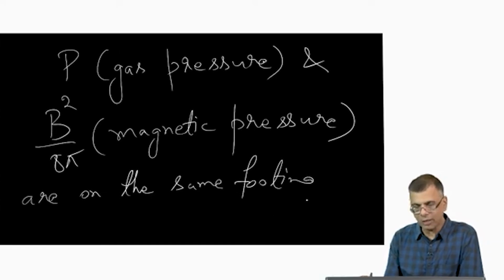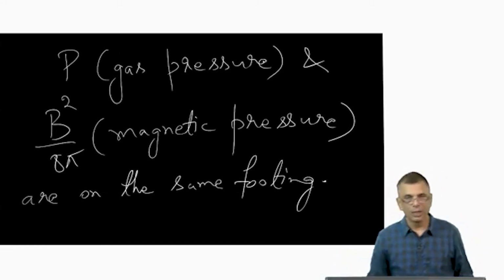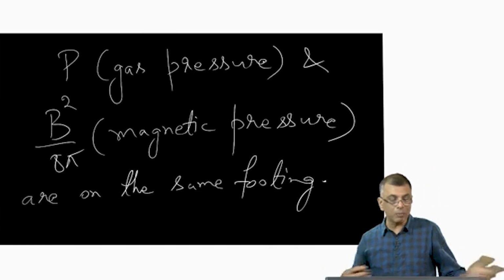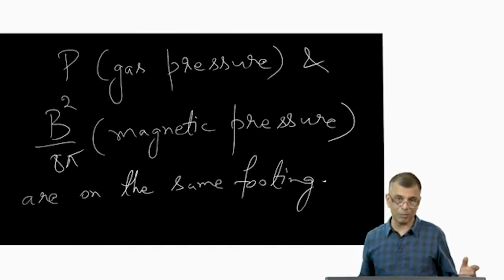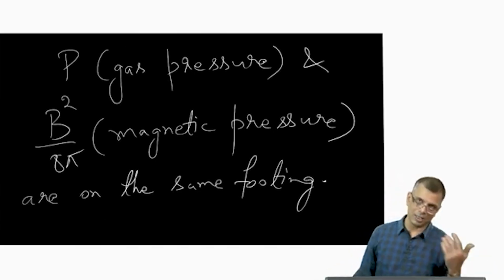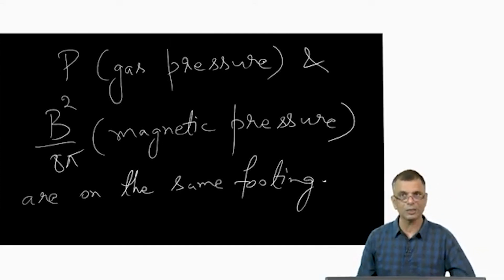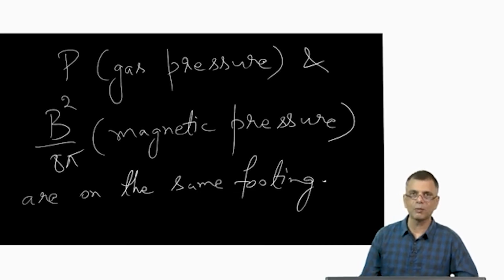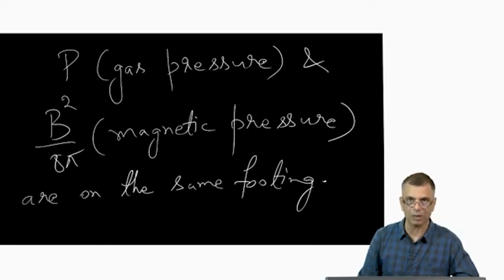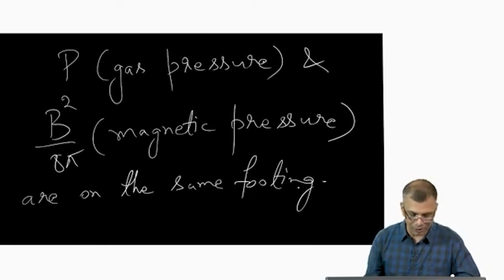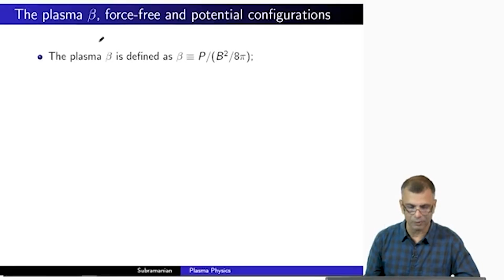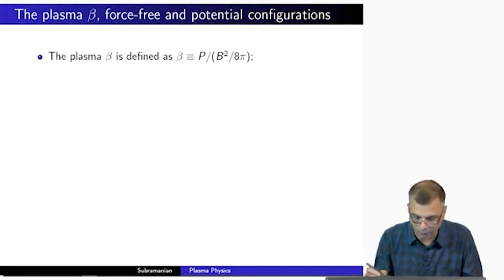So, it is natural to now assign a dimensionless number. You remember we all like dimensionless numbers in fluids and MHD and everything. It is natural to assign a dimensionless number that tells you which is dominant. Is the gas pressure dominant or is the magnetic pressure dominant in a given situation? And that dimensionless number is called the plasma beta, which is defined as the ratio of the gas pressure to the magnetic field pressure, right.